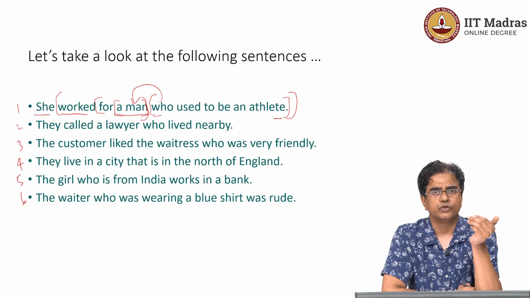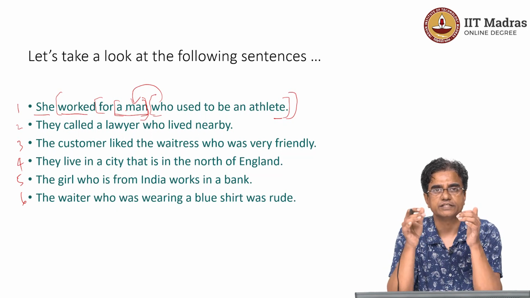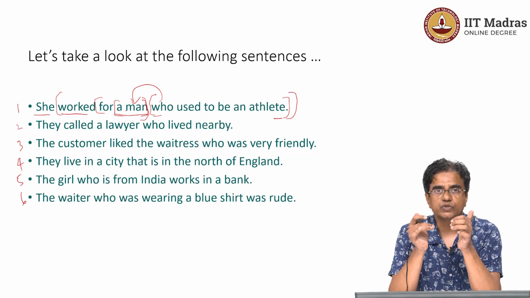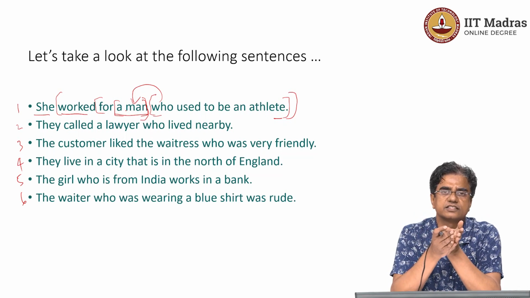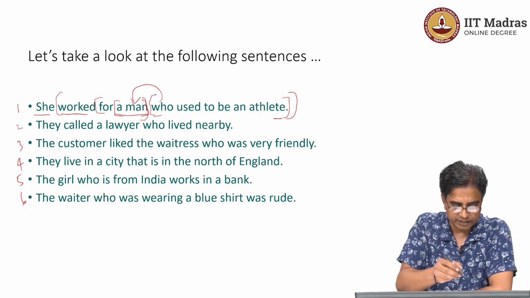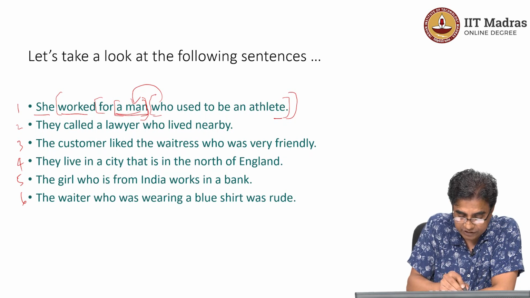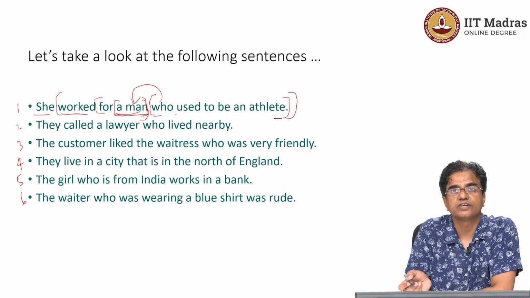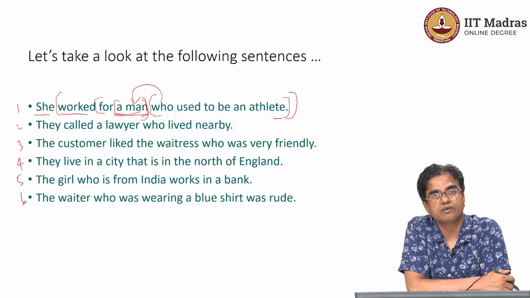Relative clauses usually occur to the right of the noun they modify because it's a whole sentence, it's a heavy thing. So, in English, it usually occurs on the right of the noun they modify. Right meaning, this is the noun, a man, it is modifying a man, and it is on the right side of that noun. So, there is a similarity between a relative clause and an adjective.